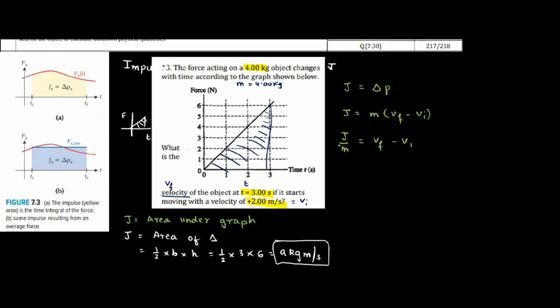Then I will add v initial on both sides, so v final equals J over m plus v initial. Now substitute the impulse we found as 9, mass is 4, v initial is 2. When you solve this, you get your v final as 4.25 meters per second.